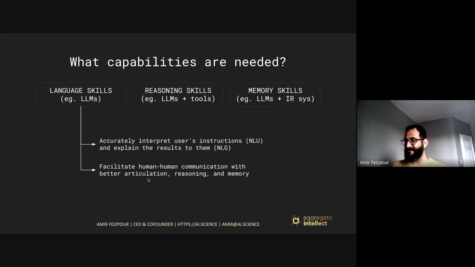consequence of language skills is also facilitating human-human communication. And that's very interesting. I didn't really think about this until a few months ago, because a lot of the people that we've been talking to in our customer base talked about failure modes in their projects and not being able to deliver.